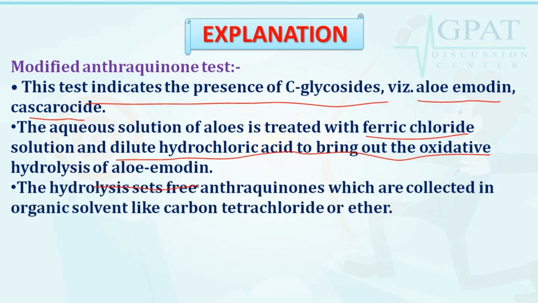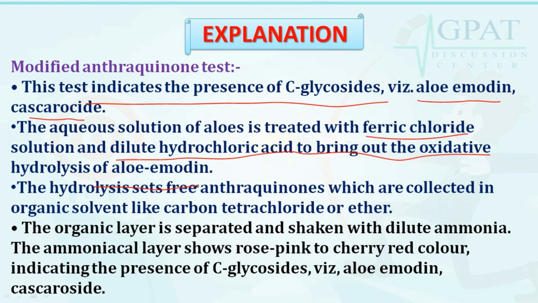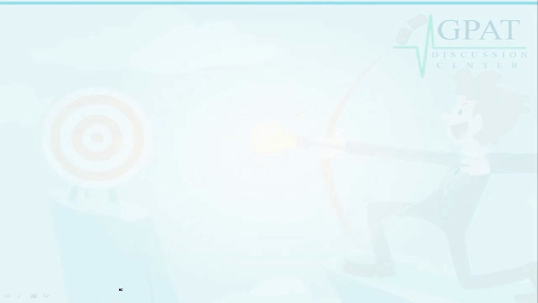The hydrolysis sets free anthraquinone, which is collected in an organic solvent like carbon tetrachloride or ether. The organic layer is separated and shaken with dilute ammonia, and the ammoniacal layer shows rose pink to cherry red color. That is the indication of the presence of C-glycosides like aloin or cascarosides.